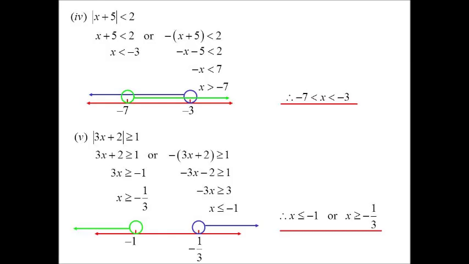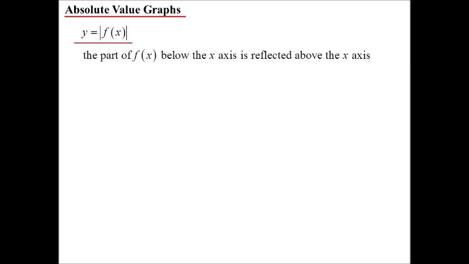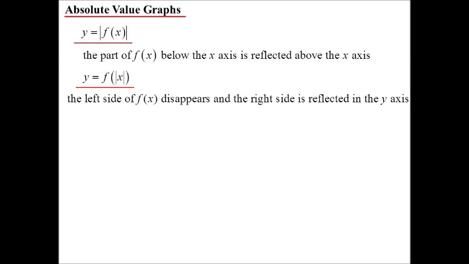Now let's look at the graphs. What is the effect of finding the absolute value of a function? Well, it means the y values can only be positive. So in the original graph, whatever was below the x-axis is reflected above the x-axis. As opposed to y equals function absolute value x, now what we're saying is we're only going to substitute in positive numbers.